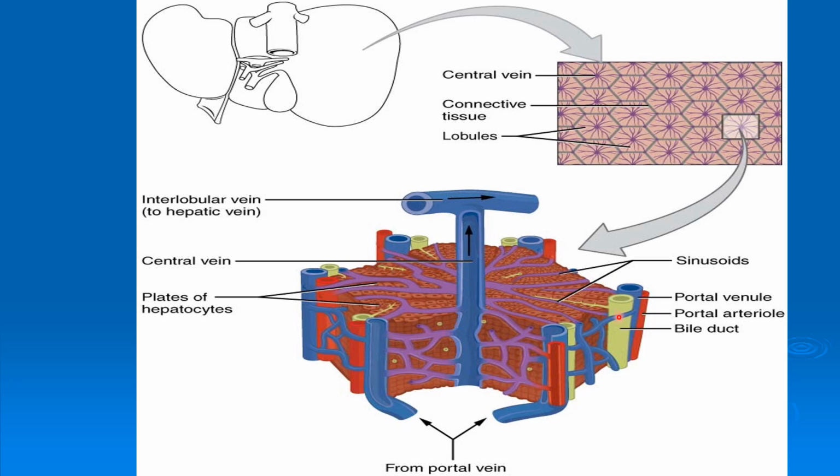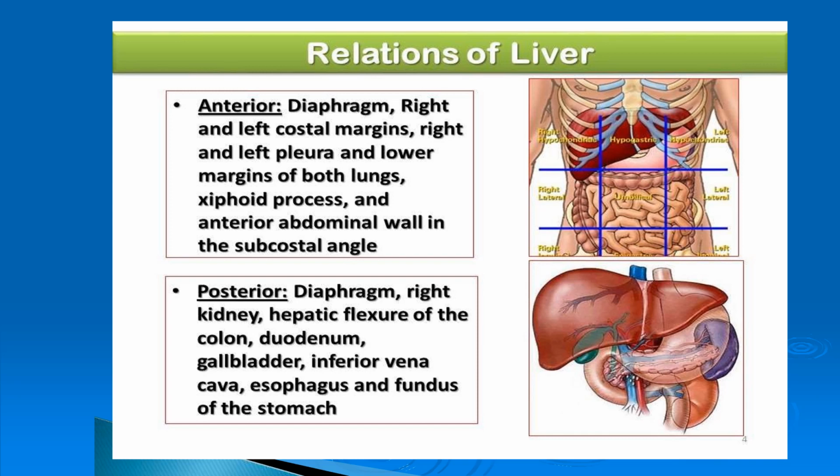It consists of 3 vessels mainly: the portal venule, portal arteriole, and bile duct. There is a central vein draining each lobule. Different lobules collect together and form the interlobular vein, which then drains into the hepatic vein. That is about microscopic anatomy in brief.